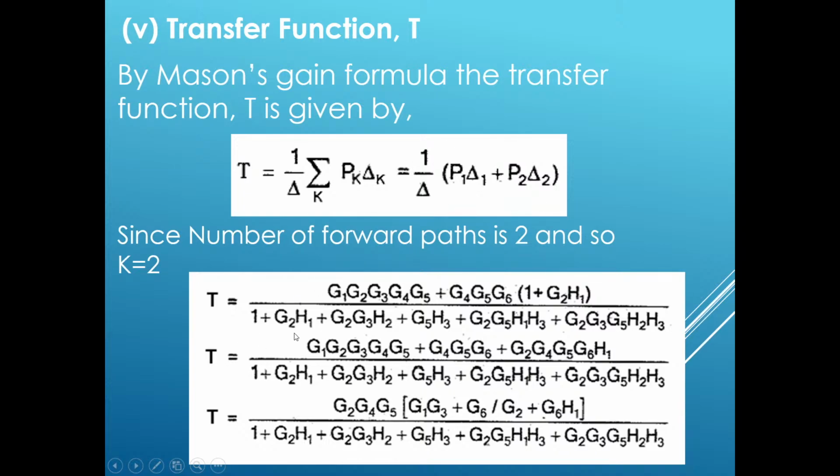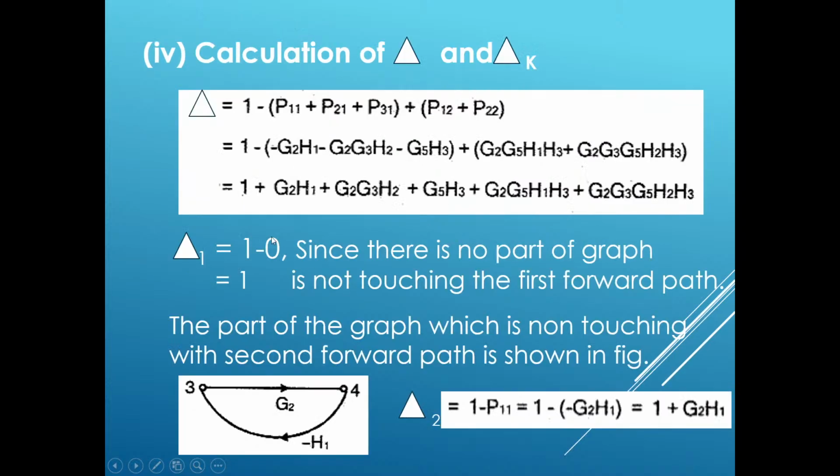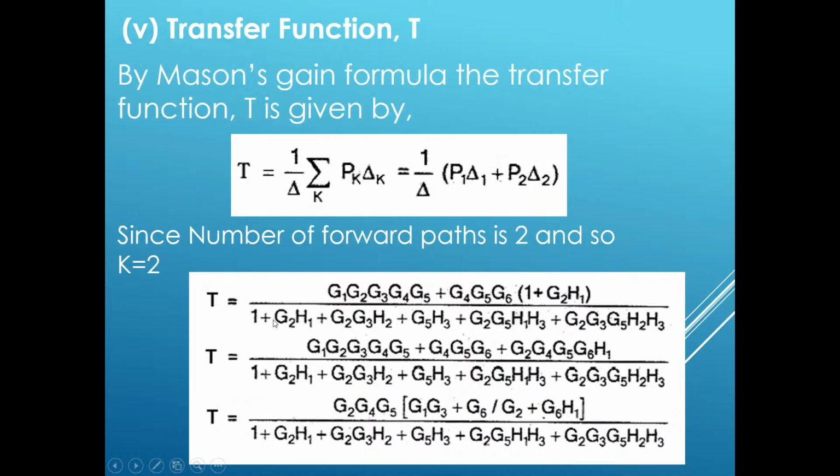So what is 1 by delta? Just now we have seen in the previous slide, this is our delta value. So 1 divided by delta, the denominator is the whole delta. What is P1? P1 is the forward path gain of path 1. Path 1 gain is G1, G2, G3, G4, G5 into delta 1. How much is delta 1?